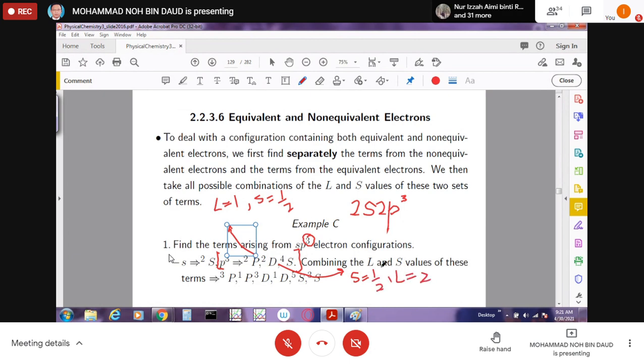The L is 2. So this one is what? L is 0. S is 3 half, 2S plus 1 is 4.